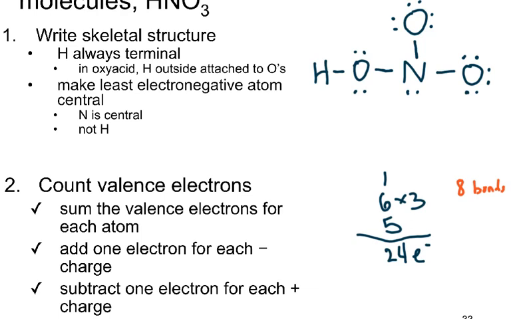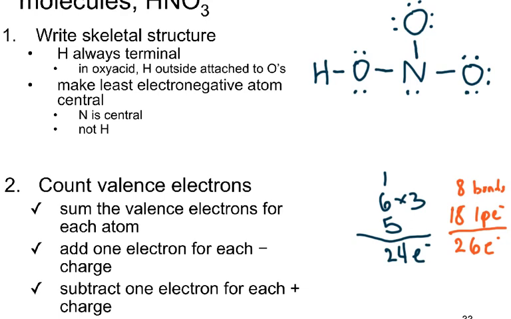Then I can add up how many lone pair electrons I added. I added, again in red, 18 lone pair electrons. So then I can add up 8 plus 18 gets me 26 electrons, which is 2 more than I have.